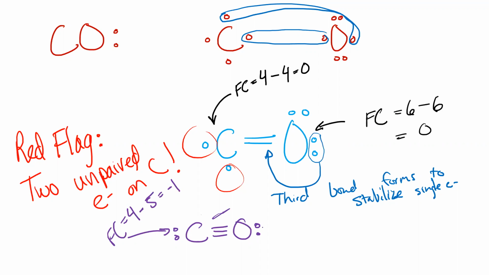And over here on the oxygen, the formal charge is 6 minus 5, giving you a positive 1. But the total formal charge, if you add those two together, is 0. So therefore, this is still a stable structure. Compounds must be 0; formal charge must be 0 on the whole structure.